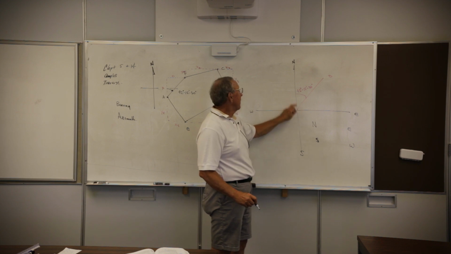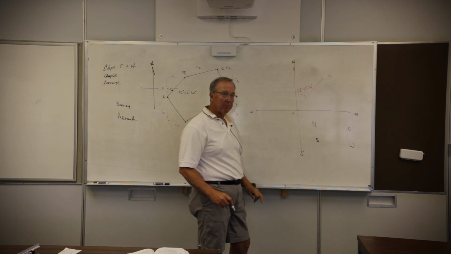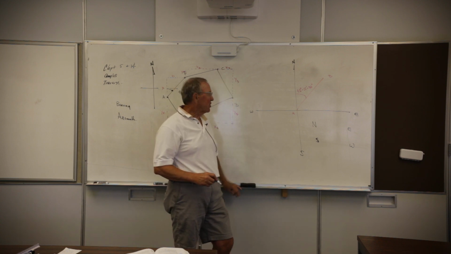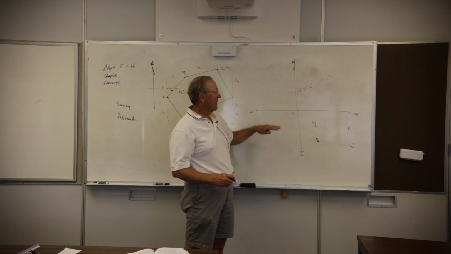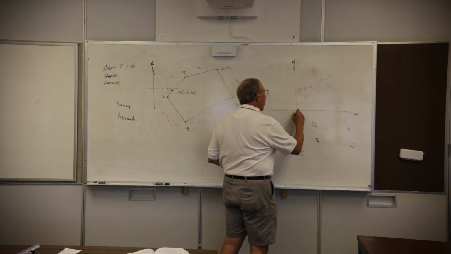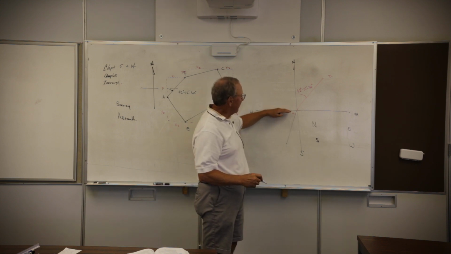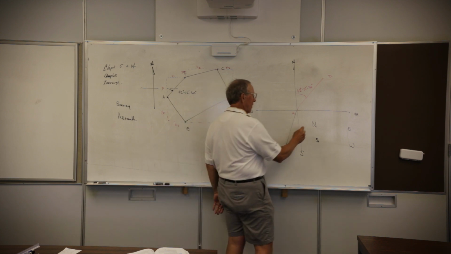This would be the northerly line. This would be the southerly line. And what will tell me which one I'm going to start at is which side of the east-west line the angle lies. This one lies on the north side of that line. If I had a vector down here, that would line up on the south side of the east-west line. So that's the letter you put first.